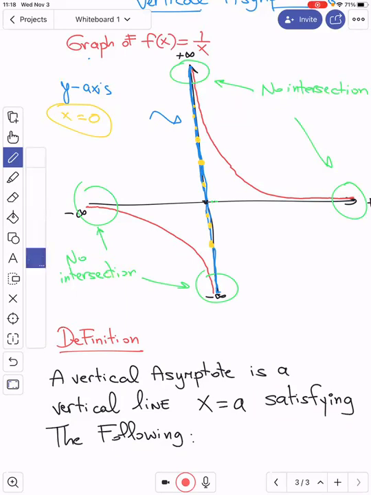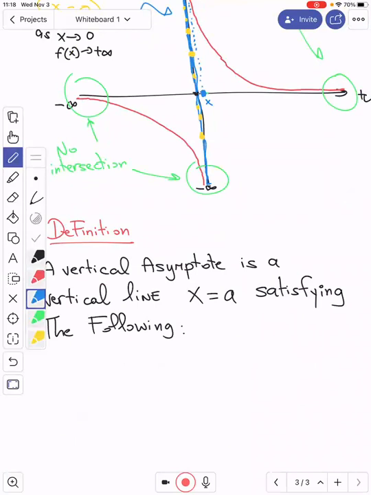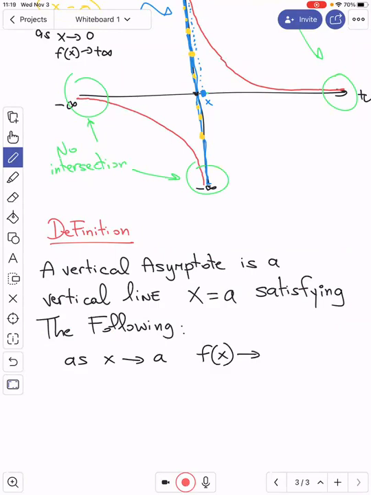So as x approaches 0, f of x is going to approach infinity. For example, here's your x, it's close to 0, and as you can see, the corresponding output f of x is very large, right? So a vertical asymptote satisfies the following: as x approaches a, and in our example a would be 0, f of x approaches either positive or negative infinity.